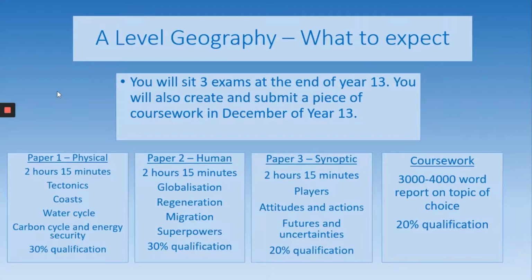That paper is worth ever so slightly less, 20% of the qualification. We build up to the synoptic paper, preparing for it prior to the exam itself. We've then got the coursework, which sits at roughly 3,000 to 4,000 words on a topic of your choice. That again is also worth 20% of the qualification.